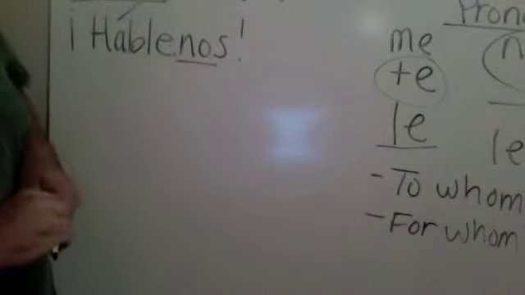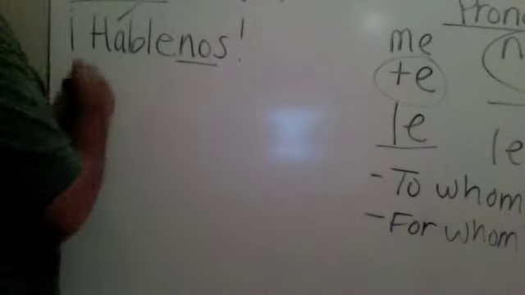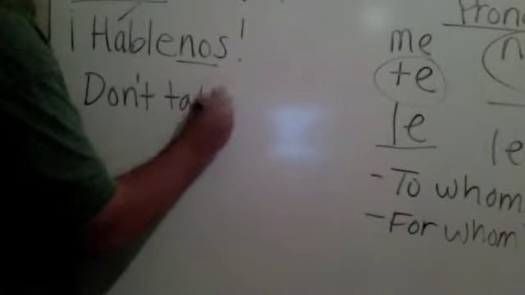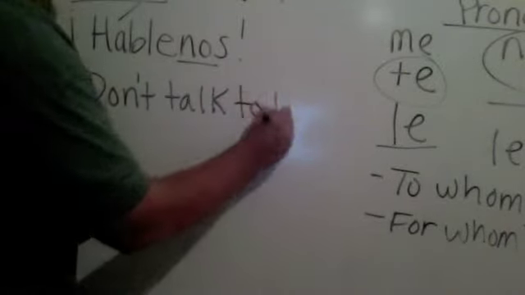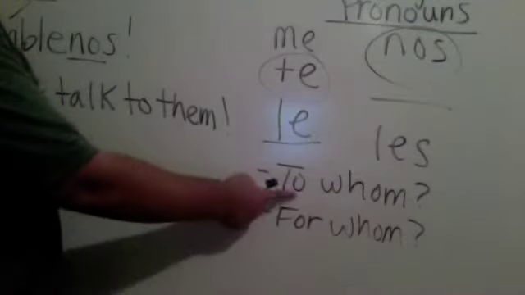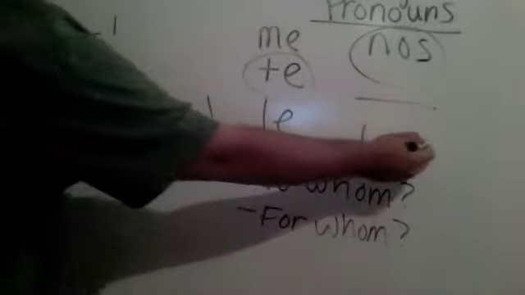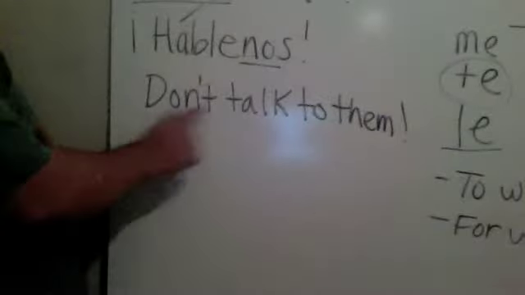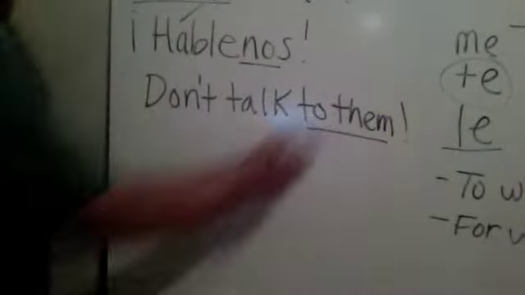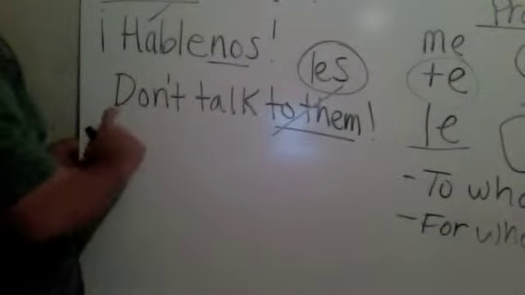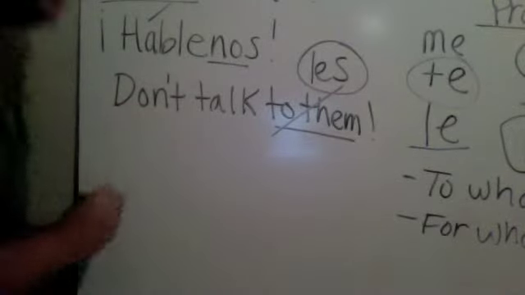What about the command, don't talk to them? Don't talk to whom? To them. Don't talk to them. We're going to replace this with les. So how do we say don't talk?